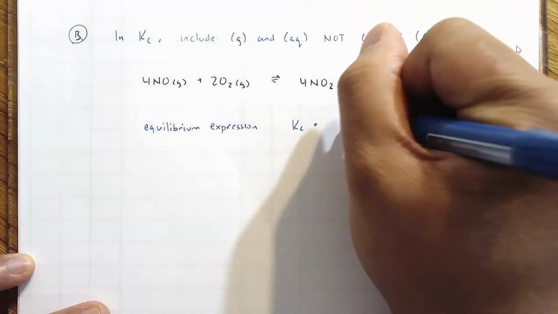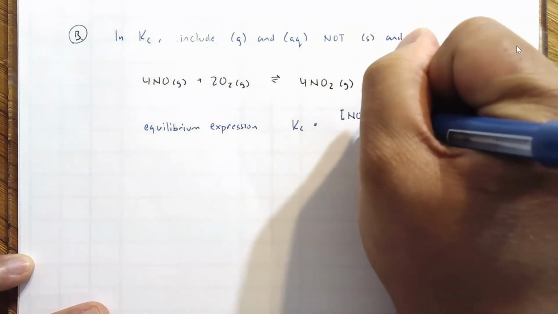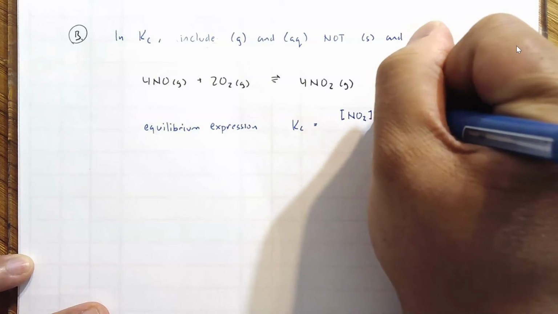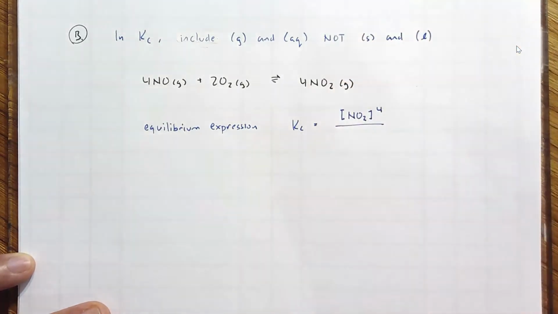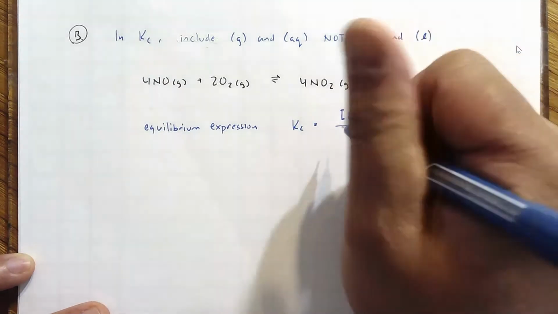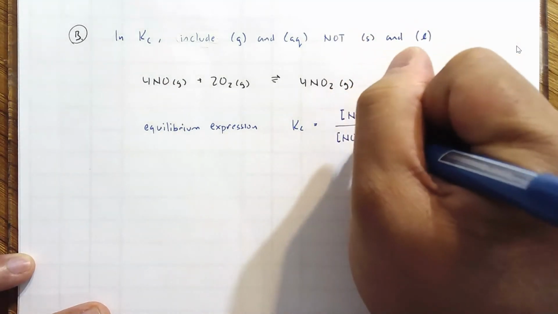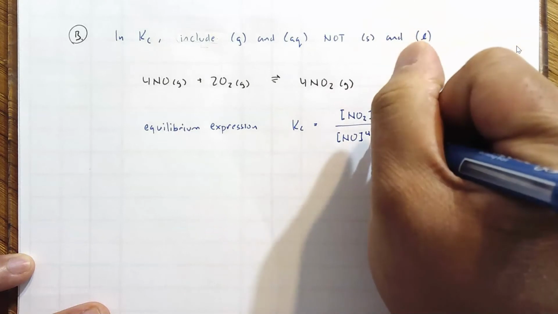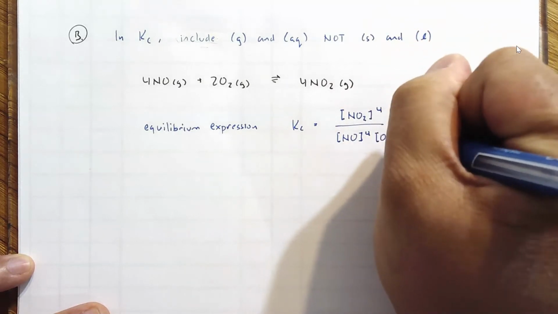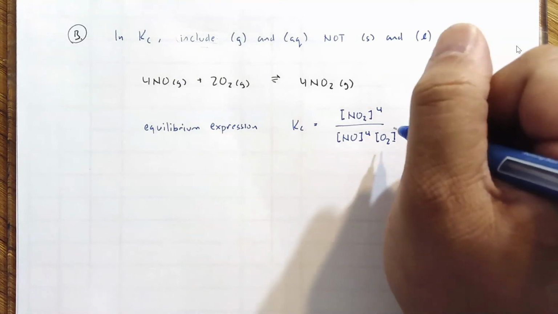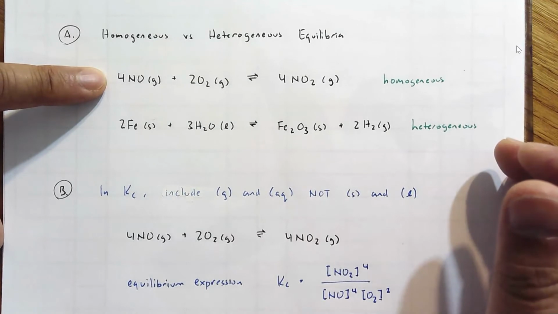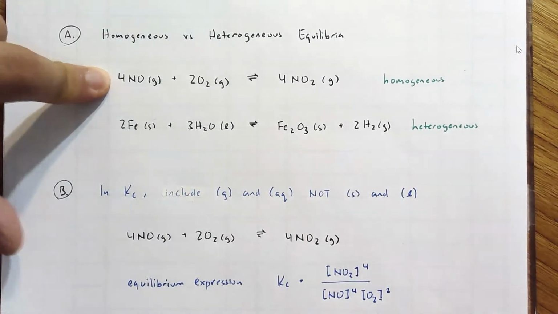Okay. NO2 concentration raised to the 4th power, and it's products over reactants. Concentration of NO raised to the 4th, concentration of O2. Interesting, I didn't reduce this to the lowest whole number. Doesn't matter.